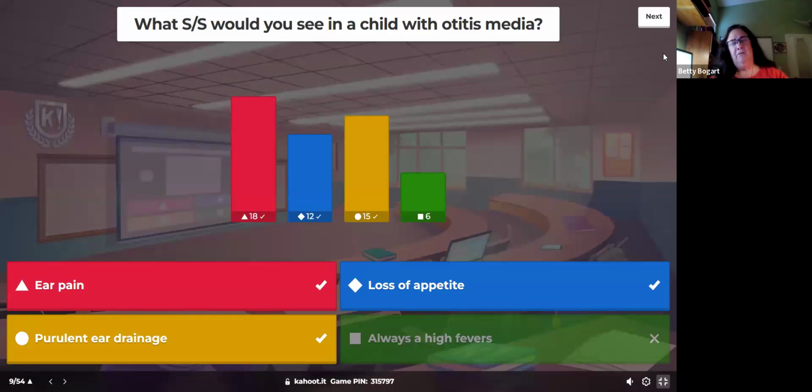The one thing about ear infections is you don't always have a fever. With all of the ear infections I've had, I've never had a fever with it. But the pain, I've even had the eardrum rupture with purulent discharge coming out. And of course, you don't feel good, you're not going to eat. Kids always don't feel good, they ain't going to eat.